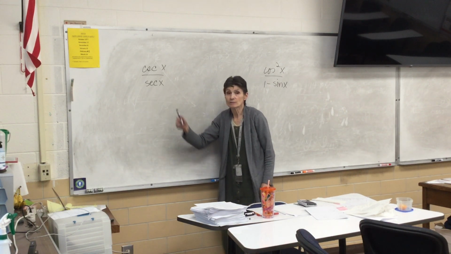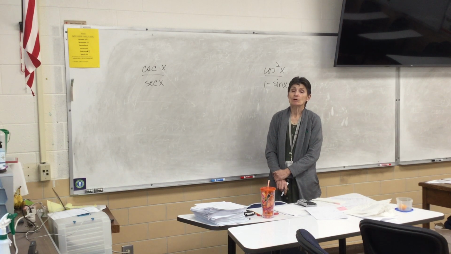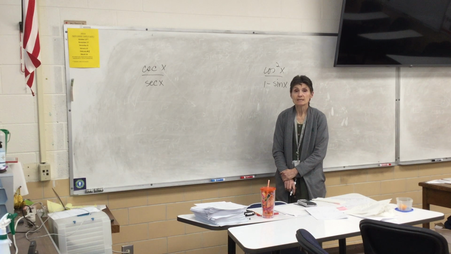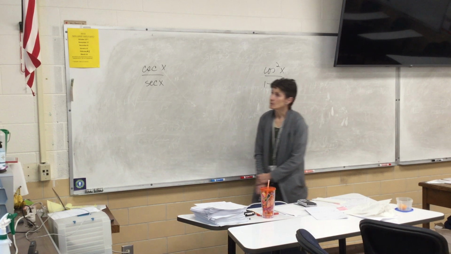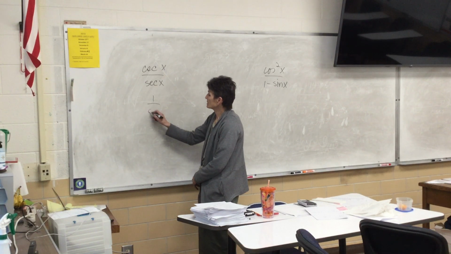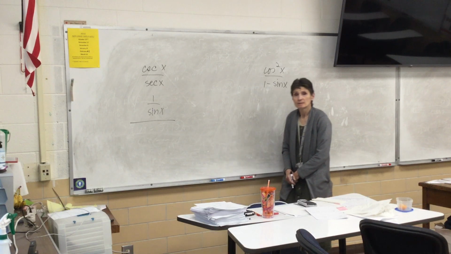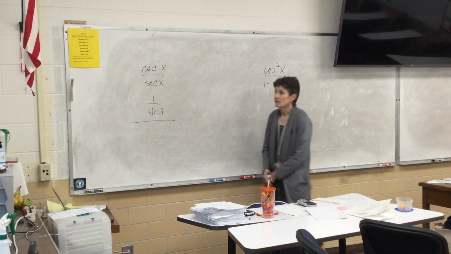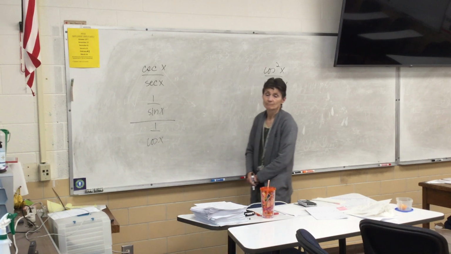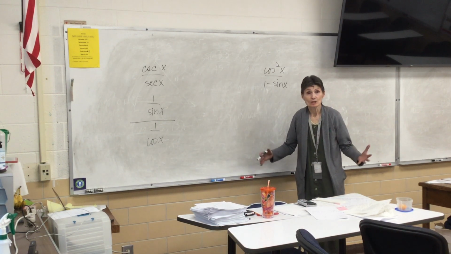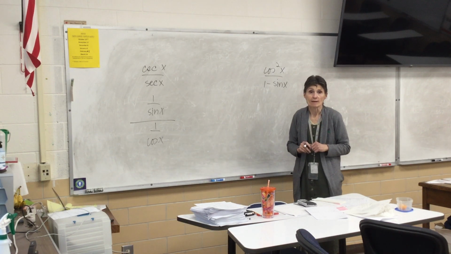Okay, so cosecant. All right. By now we know what cosecant is. Cosecant is the reciprocal of the sine. So this is 1 over sine x divided by secant, which is the reciprocal of the cosine. So we have a giant fraction now, 1 over sine over 1 over cosine.